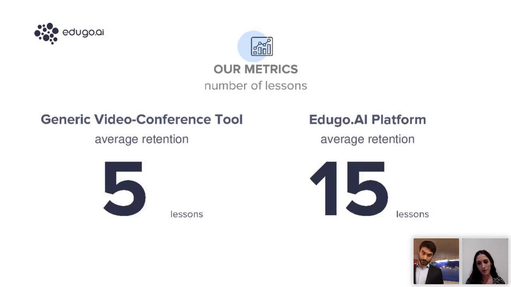We know that with generic video conferencing tools, in online one-on-one language learning, the average retention for a student is 5 lessons, which means that on average a student drops after 5 classes, will not continue, and maybe starts using another school's offering. But we noticed that with the Edugo.AI platform, the average retention is 15 lessons.